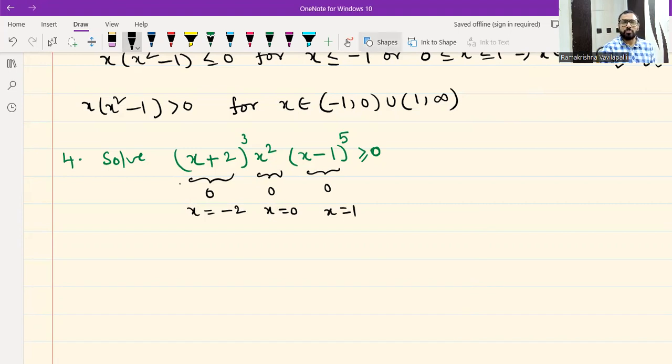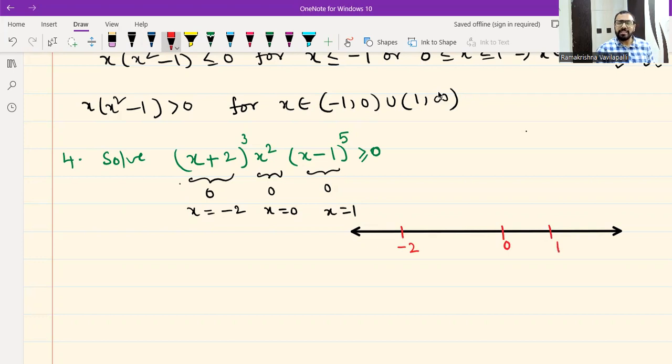Now you have to plot these numbers on a real line. So we plot -2, of course 0, and 1. So again, the real line is divided into 4 parts. We'll apply the same method.